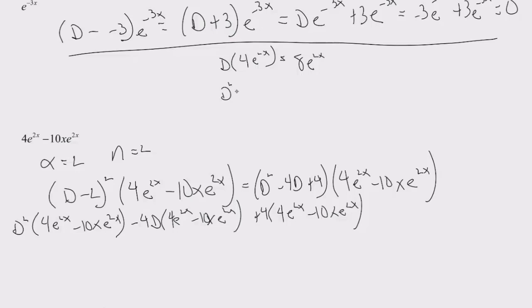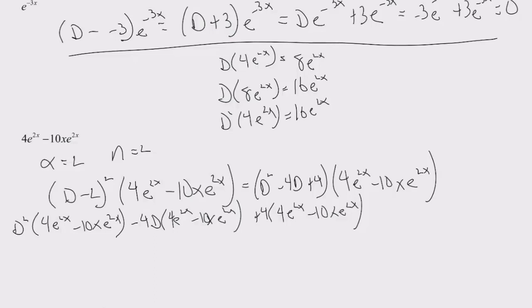Let's do another derivative: the second derivative of 8e to the 2x would be 16e to the 2x, which means the second derivative of 4e to the 2x is 16e to the 2x.